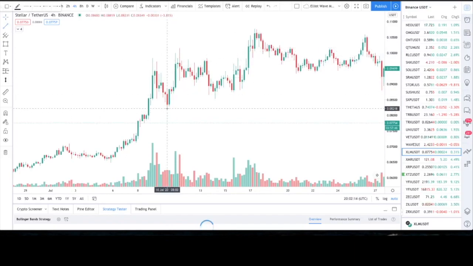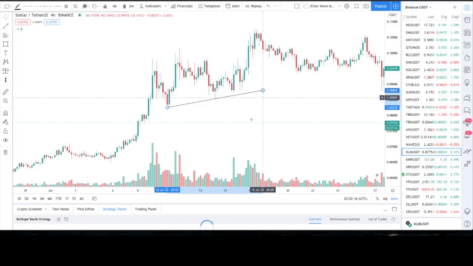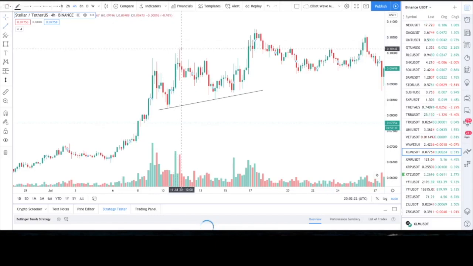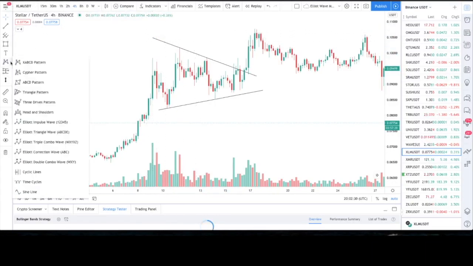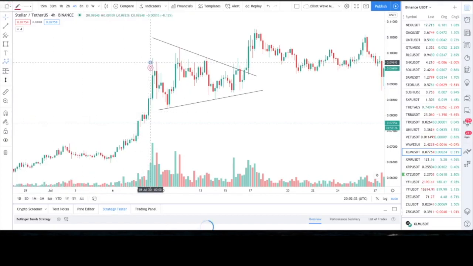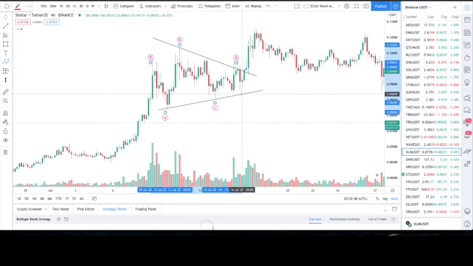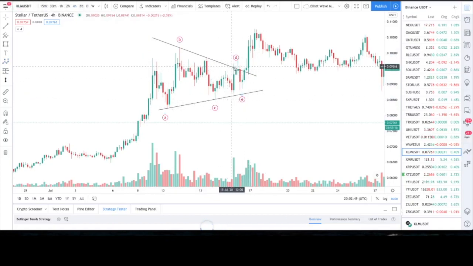We would go from the first touch on the bottom there, second one something like this, and then we've got A, B. Now it never makes the second touch until here, C, or third touch I should say, D, E. As you see the E doesn't quite touch, which is common before we take off.